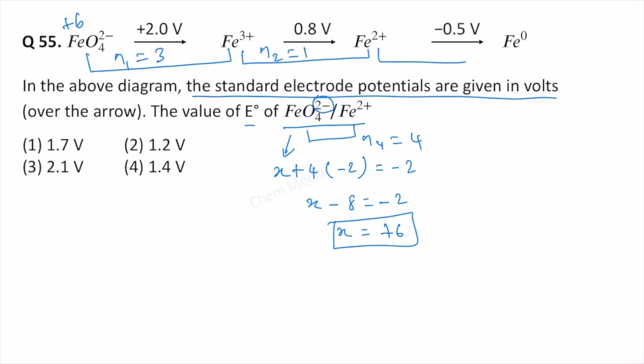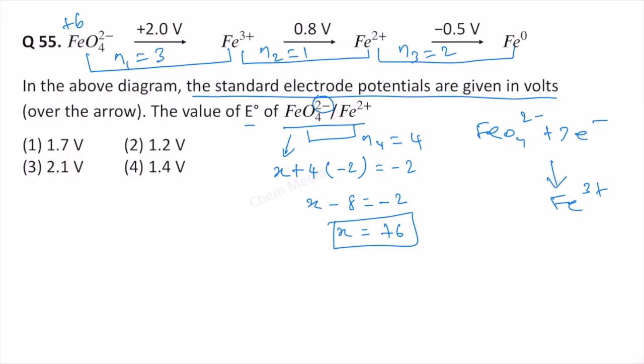If Fe2+ is becoming Fe, then that requires 2 moles of electrons, because everywhere it is reduction, isn't it? If plus 6 has to become plus 3, then it has to gain 3 electrons. If FeO4 2- gains 3 electrons, then only it can become Fe3+.